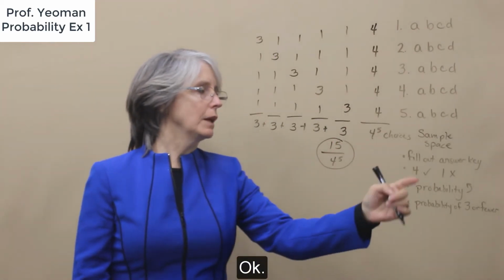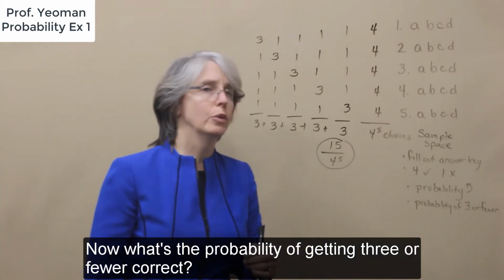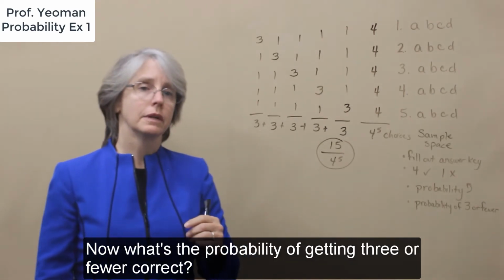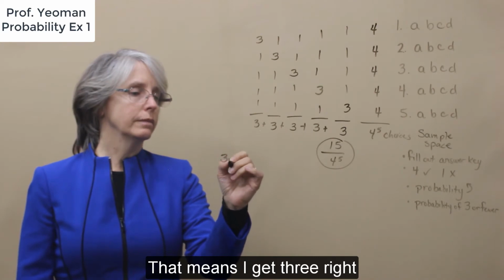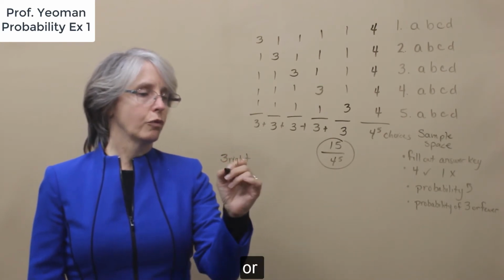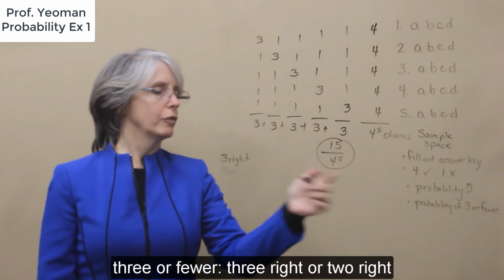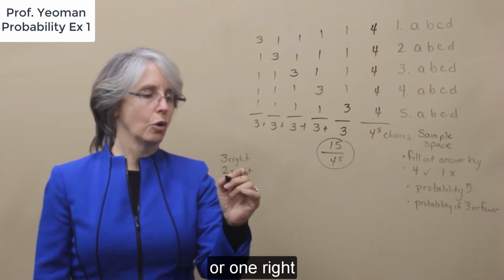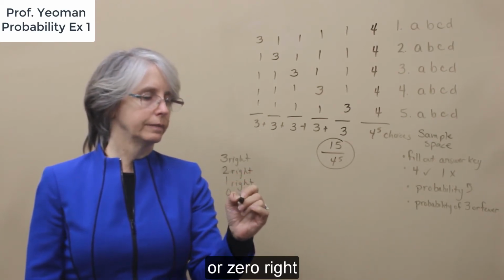Okay? Now what's the probability of getting 3 or fewer correct? That means I get 3 right or 4 right. I'm sorry. 3 or fewer. 3 right or 2 right, or 1 right, or 0 right.